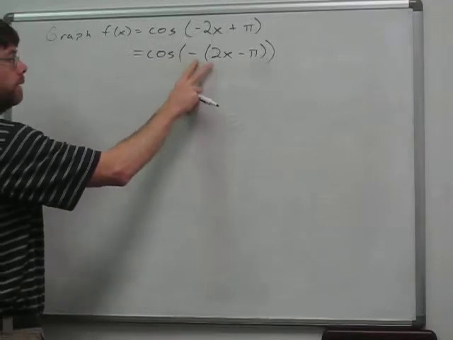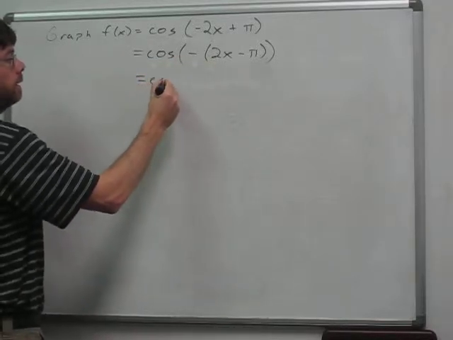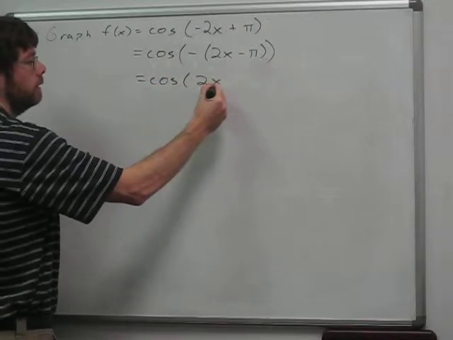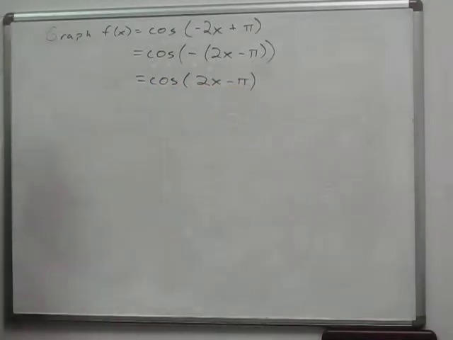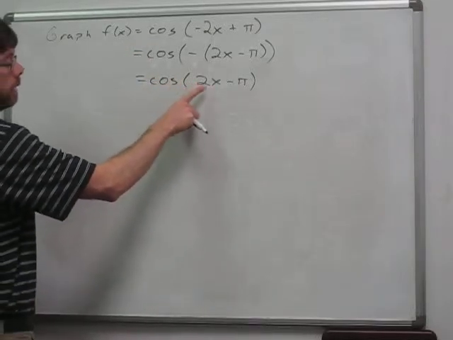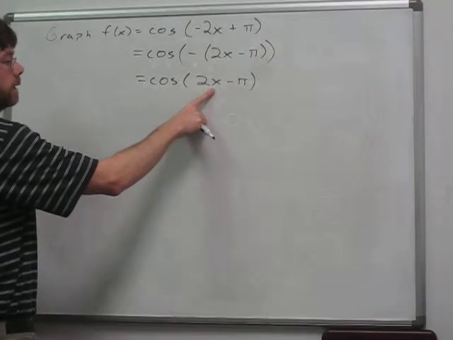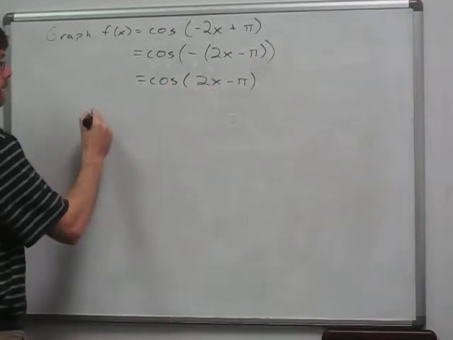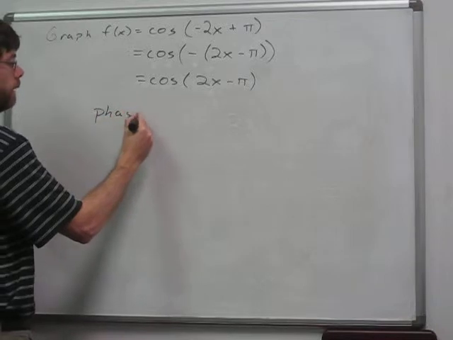So cosine of a negative argument is equal to cosine of the positive of that argument. These expressions are equal, and now I have an argument where the coefficient on x is positive, so I can go ahead and think about phase shift and period.